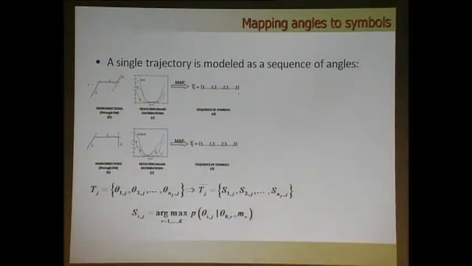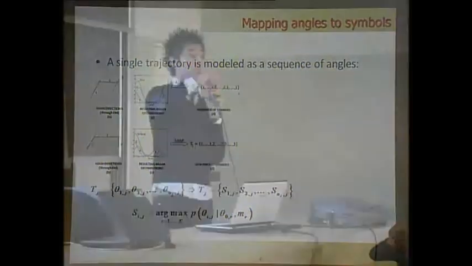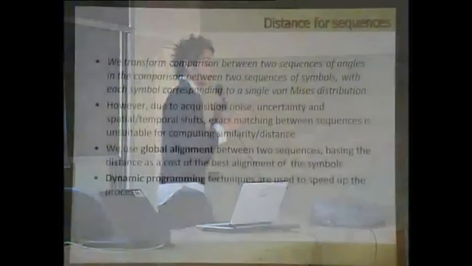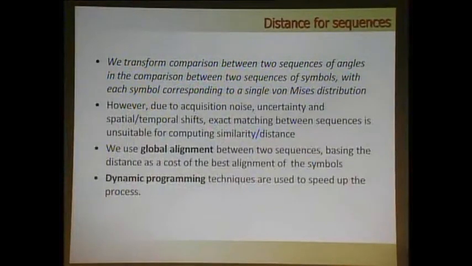Then each trajectory is mapped from a sequence of angles to a sequence of PDFs using a maximum a posteriori approach, where each angle is linked to the mixture component that's most similar. After that, we have a sequence of PDFs that must be compared.